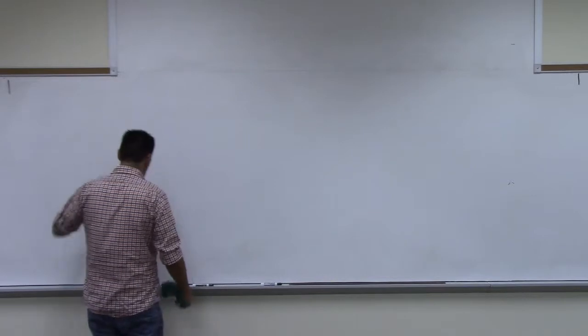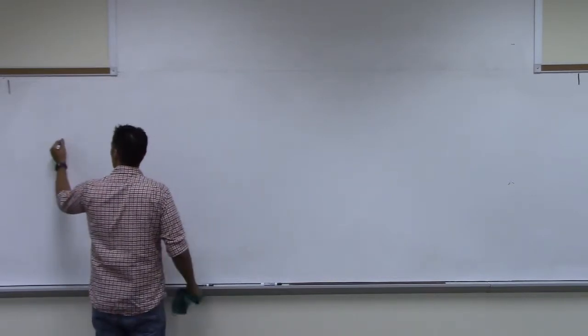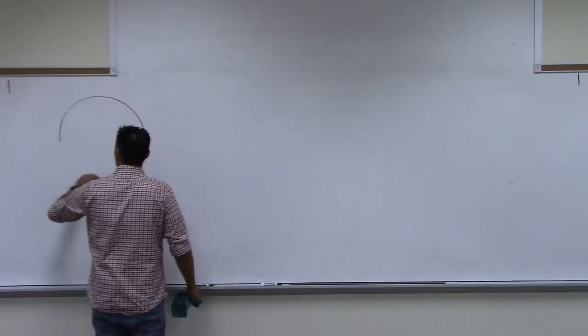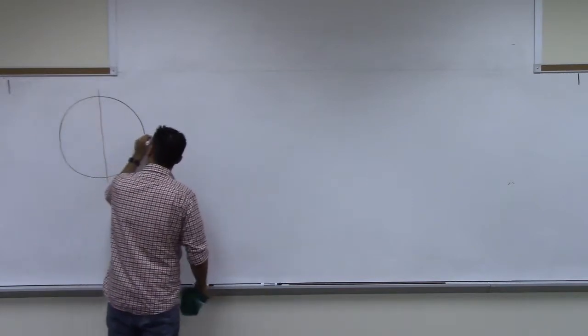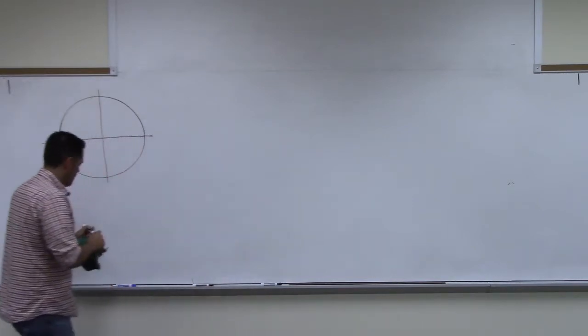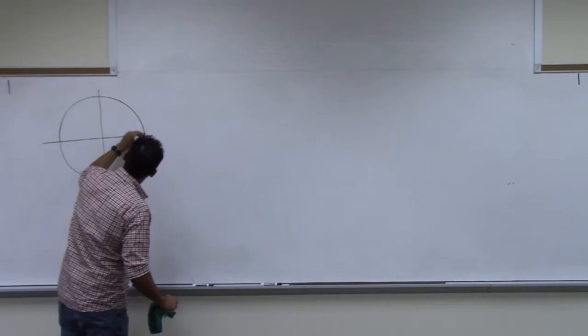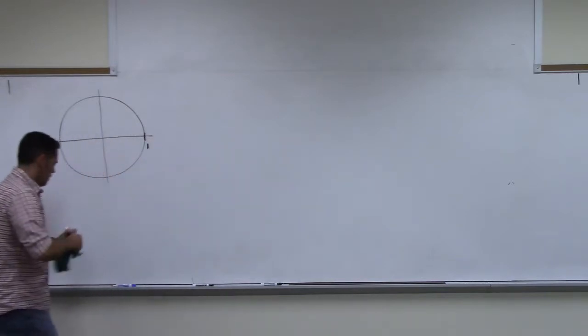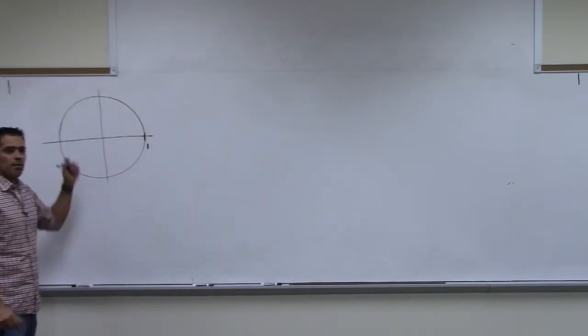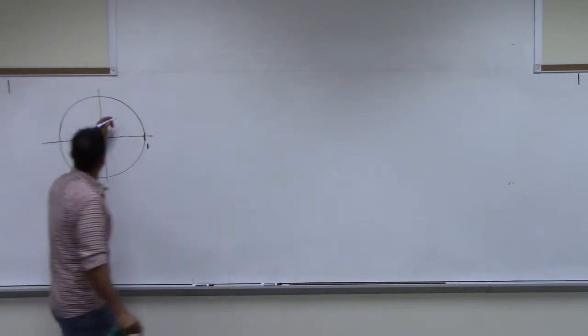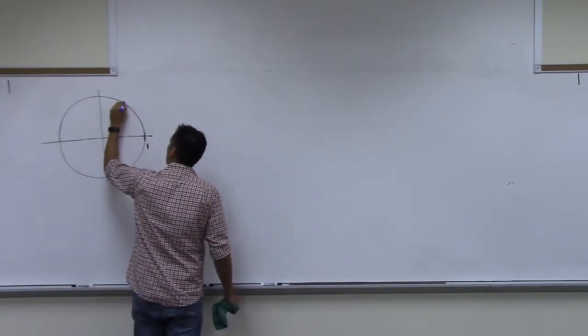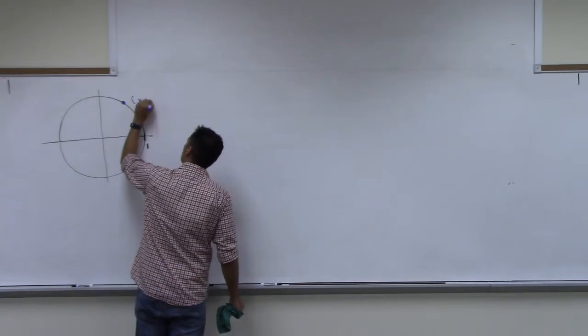All right. Unit circle. One. We pick an arbitrary point on the unit circle. We call that point x and y, x comma y.